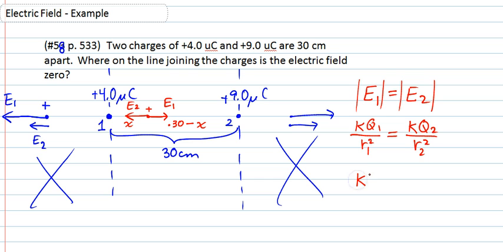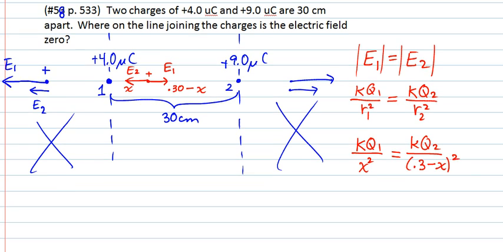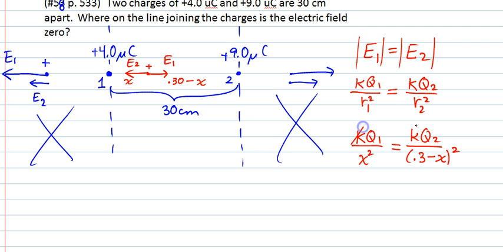So I have k Q1 over x squared, and r2 is going to be 0.3 minus x, quantity squared. At this point I can cancel out k, which is nice. Q1 is 4 microcoulombs, and Q2 is 9 microcoulombs.